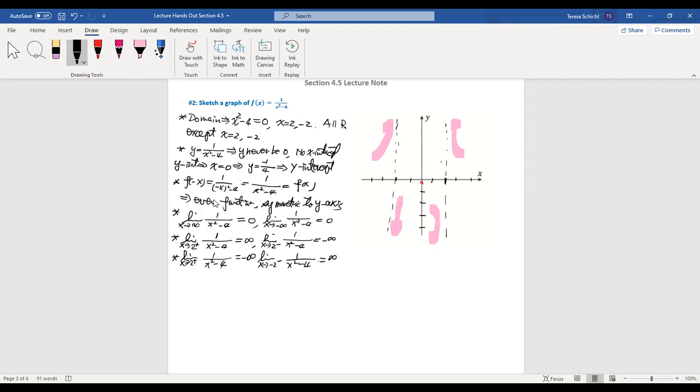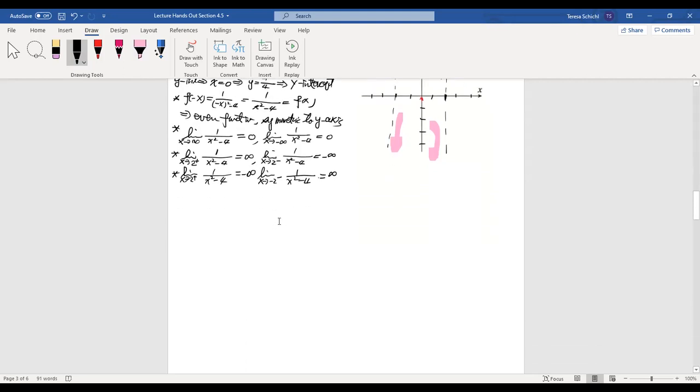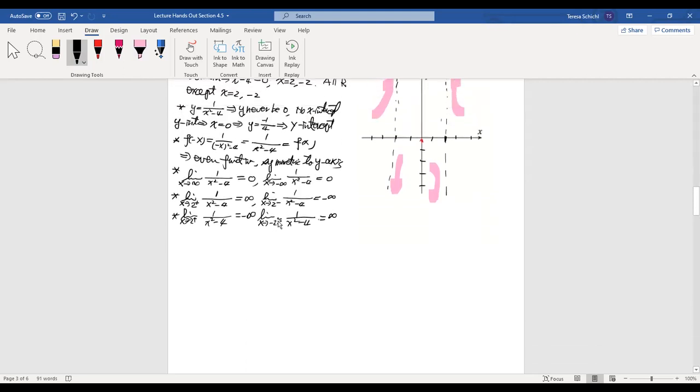Now let's take a look at the critical points and the inflection points. The f of x is equal to 1 over x squared minus 4. It's easier to take the derivative if you write it as x squared minus 4 to the negative 1.